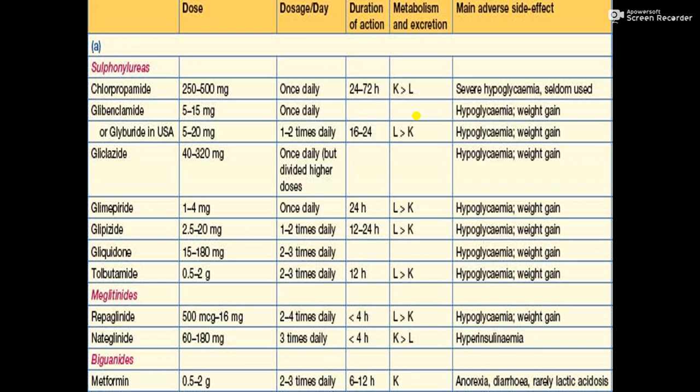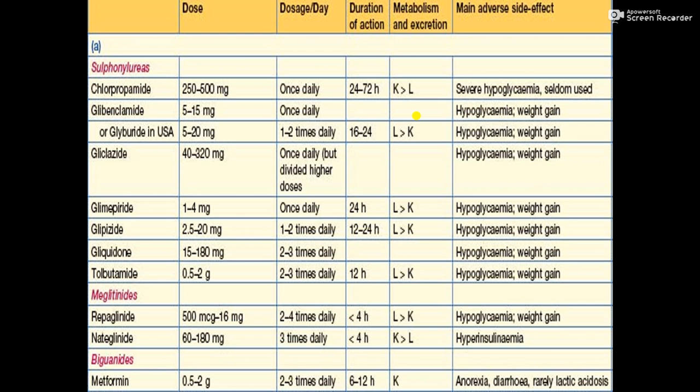Dear students, if you remember, in endocrinology and the endocrine system, we have already discussed the fundamental physiology of the pancreas. The insulin released by the beta cells definitely lowers the blood glucose level.